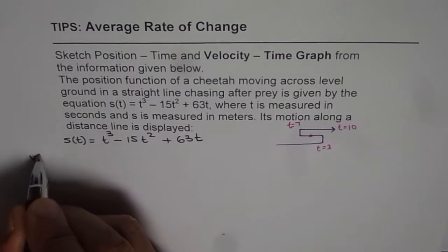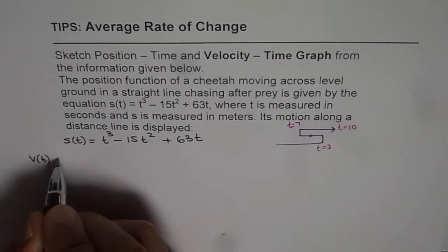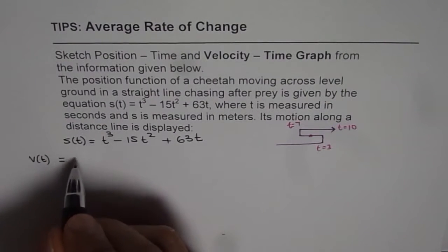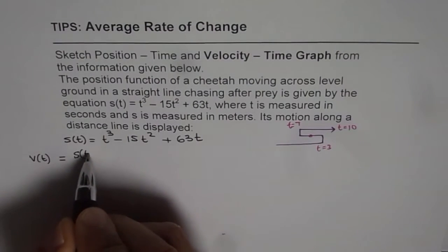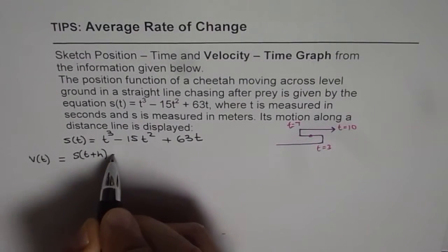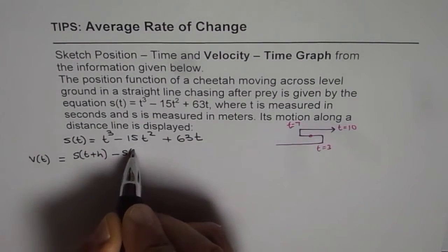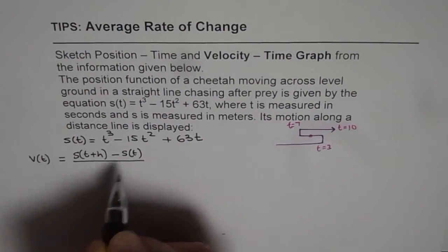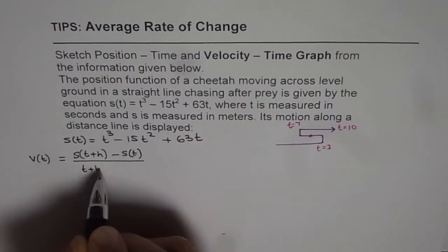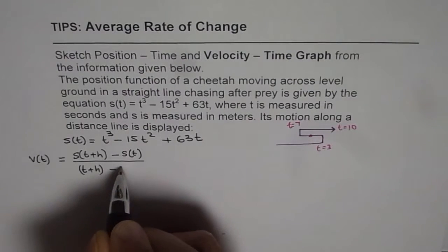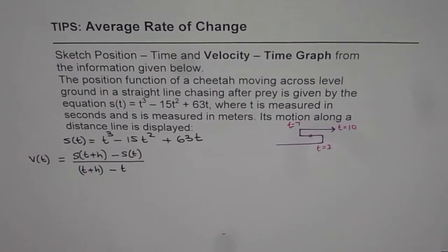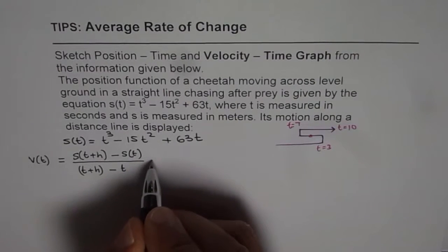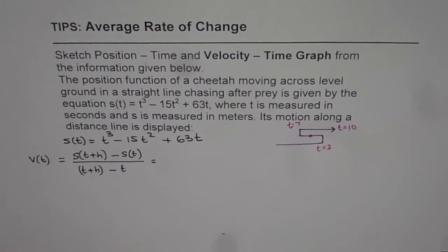So velocity at any time will be equal to s of t plus h minus s of t, divided by t plus h minus t, right? That difference quotient should give us an equation for velocity, and from there we should be in a position to sketch the graph. So let's do this.